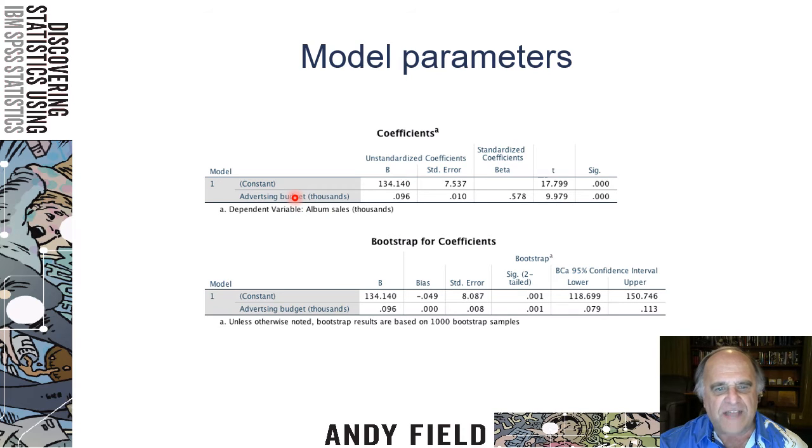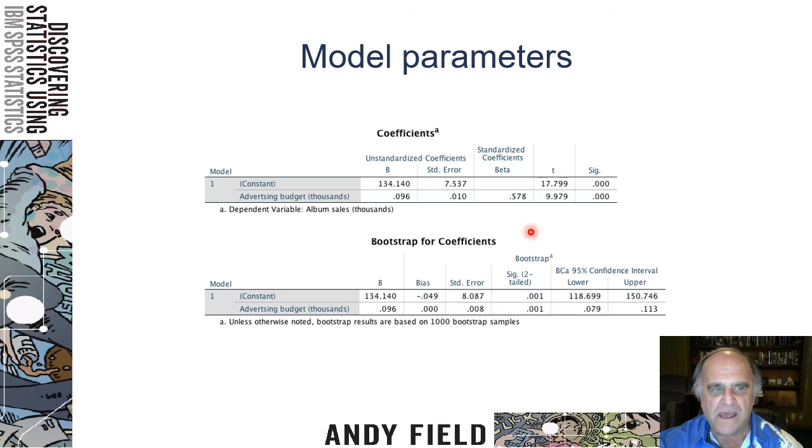The more important one is advertising budget. For advertising budget, the B is 0.096, and we can see the standard error is 0.010. The standardized coefficient, or beta, is 0.578, which should correspond to the correlation coefficient if we go back. The t equals 9.979, and the associated p-value is 0.000, which would be significant at either the 0.05, 0.01, or even 0.001 level.